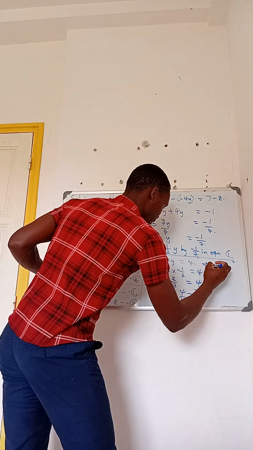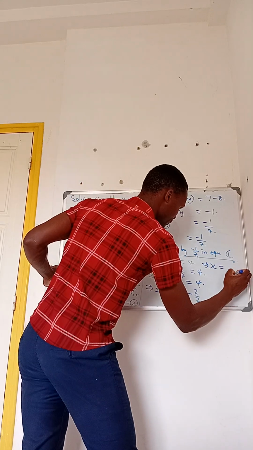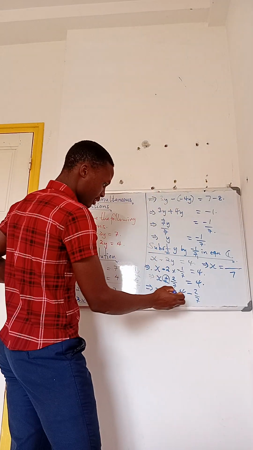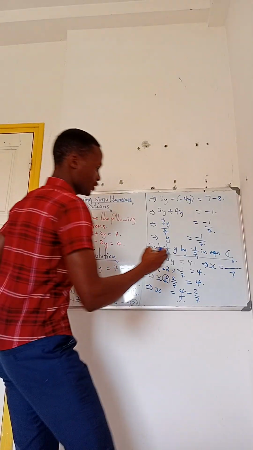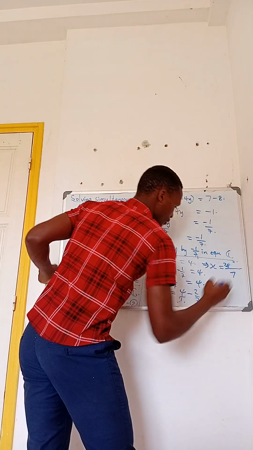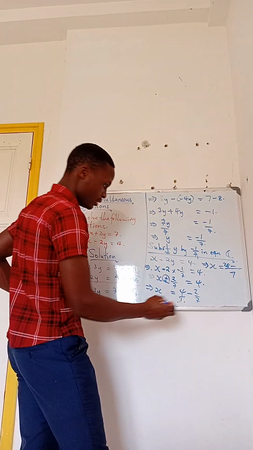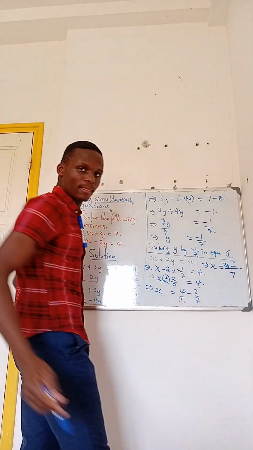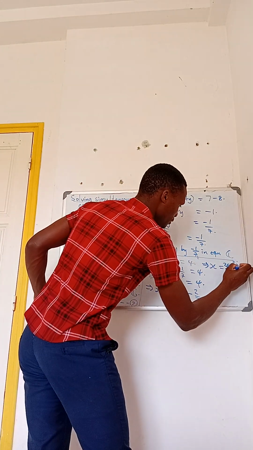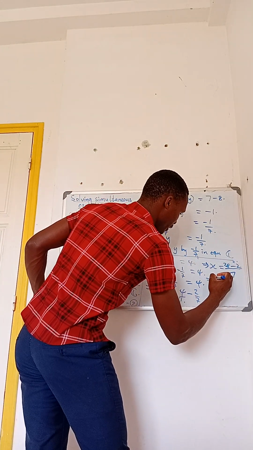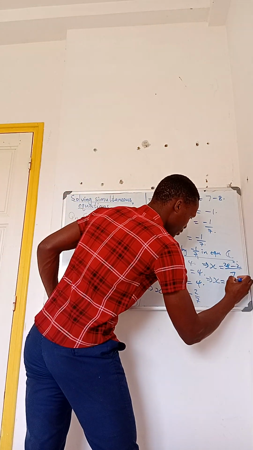So this implies that x is equal to, our common denominator is 7. So just write 7. 1 into 7 is 7, times 4 is 28. So it's 28 there. Then we have a minus here. 7 into 7 is 1, times 2 is 2. Okay? So our value of x is equal to 28 minus 2 is 26.